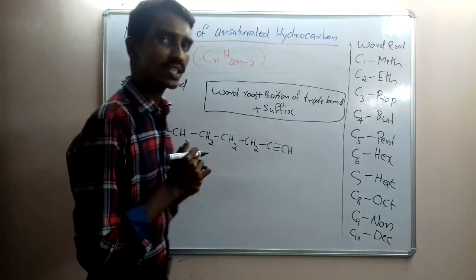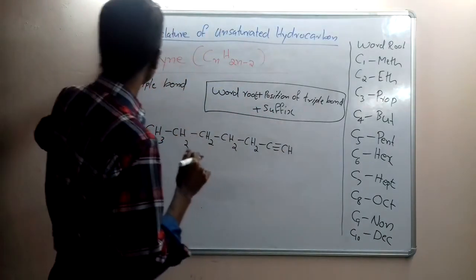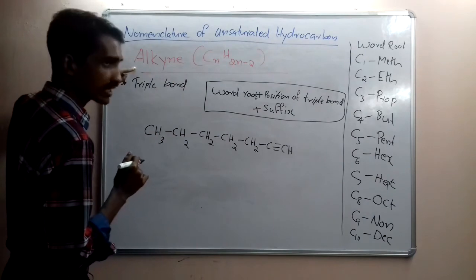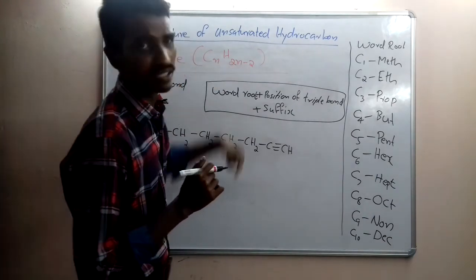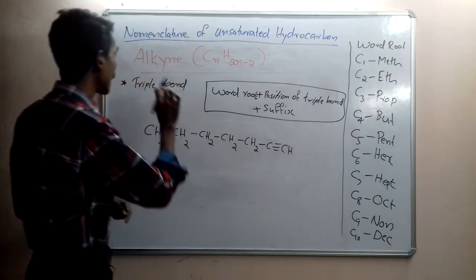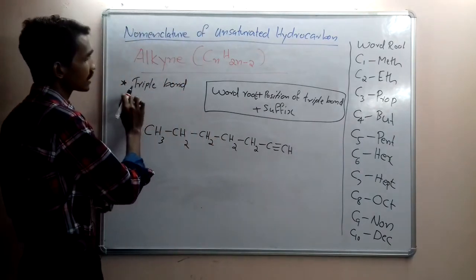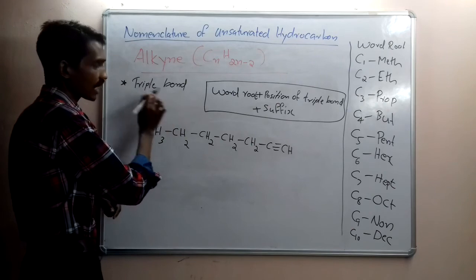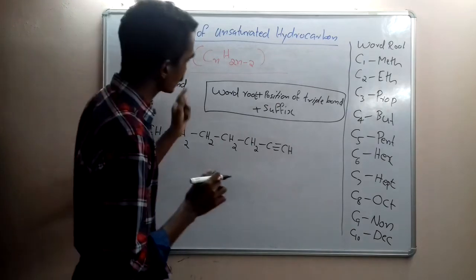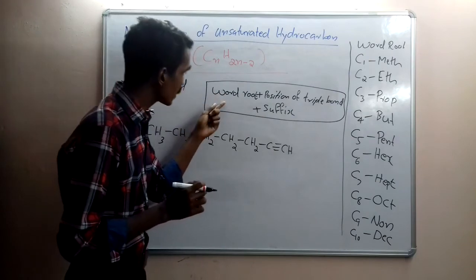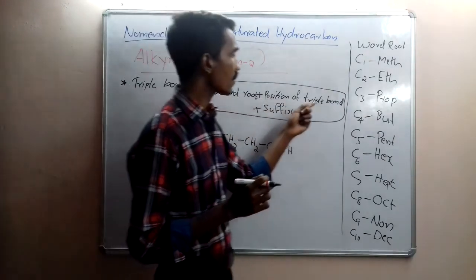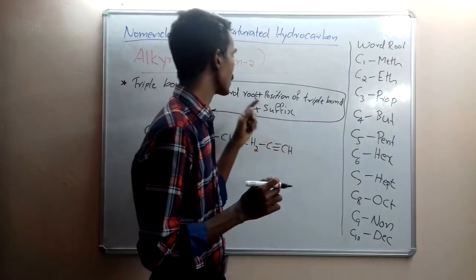Next unsaturated hydrocarbon is alkyne, with general formula CnH2n minus 2. In an alkyne a triple bond is present. The general structure is word root plus position of triple bond plus suffix.